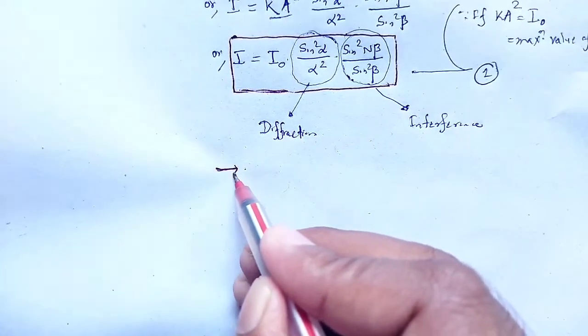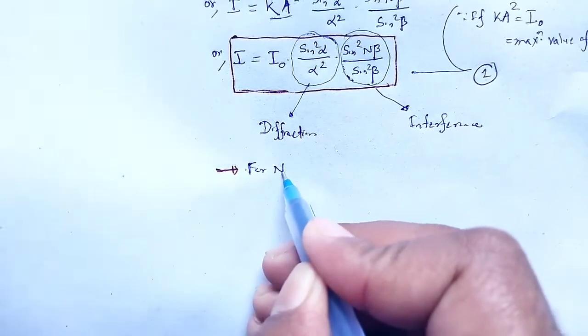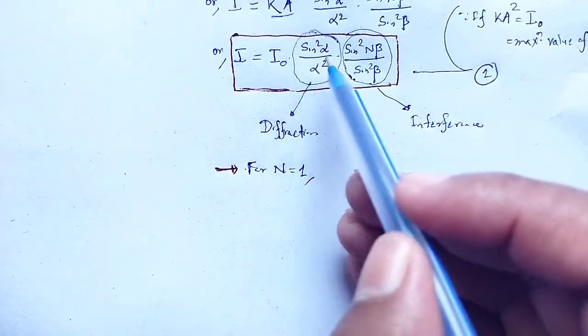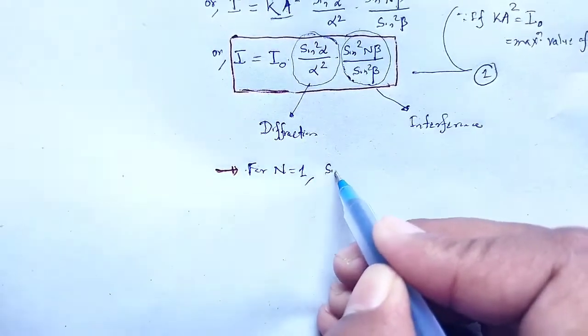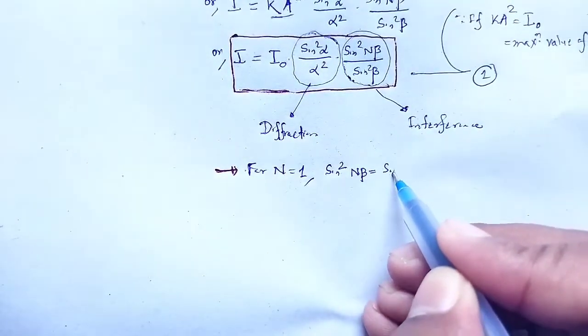So, I use it for n is equal to 1. For n is equal to 1, sin square n beta is equal to sin square beta.